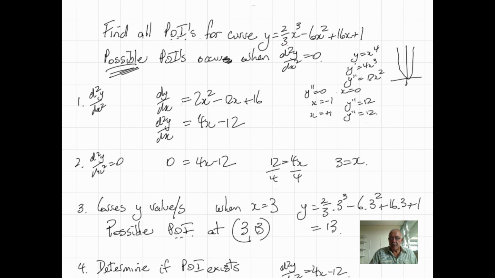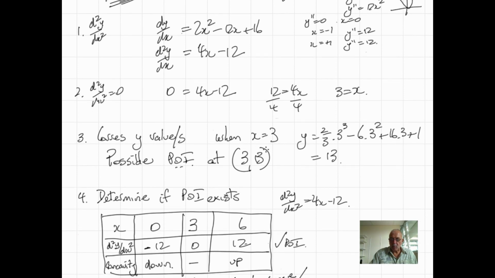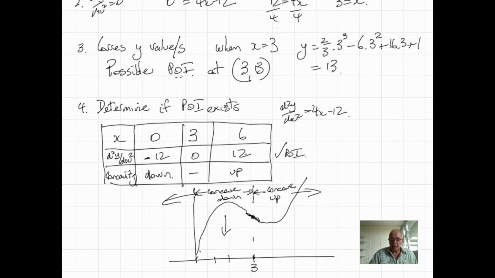It's very similar to finding the nature of turning points, but in this case, instead of just finding dy dx, we find the second derivative to determine POIs. Possible POIs happen when the second derivative is equal to 0, and then we look at the corresponding y values, and then we simply see what's happening on either side, picking x values that are fairly close.